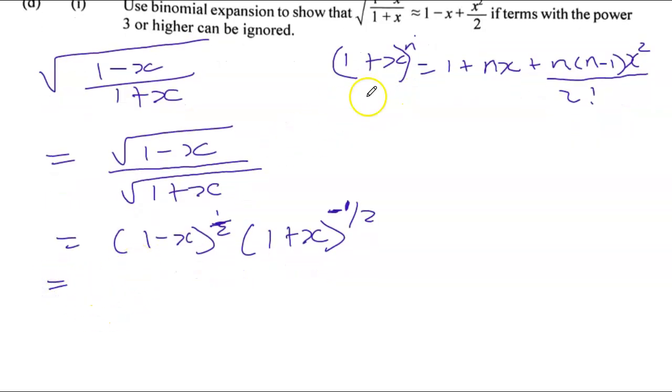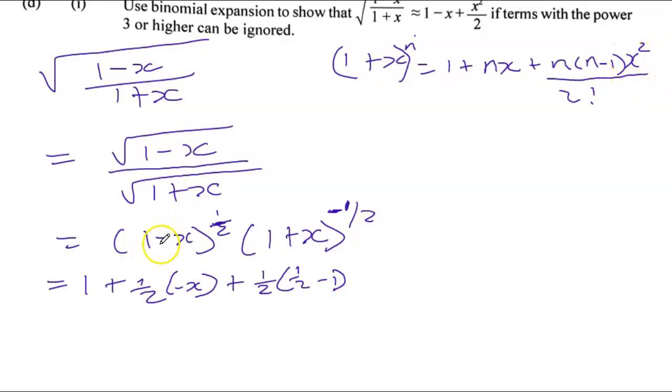In this case, it's not x, it's actually a negative x we have inside here. So when we expand, n is half, since the powers are half. Using this formula, it's 1 plus n, which is half, times minus x, plus n, which is a half, times n minus 1, so that's half minus 1, times x squared.